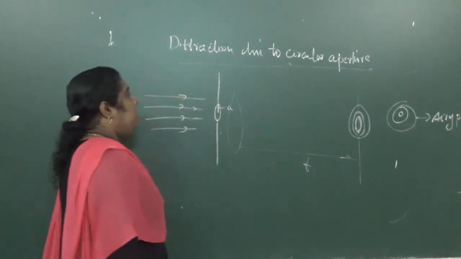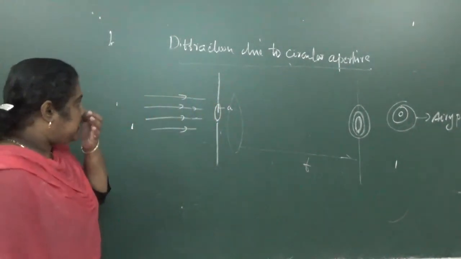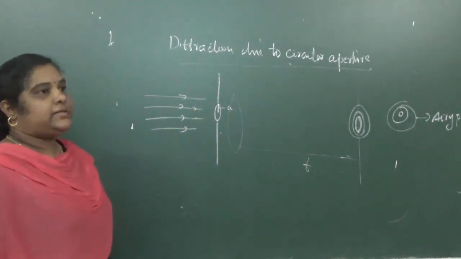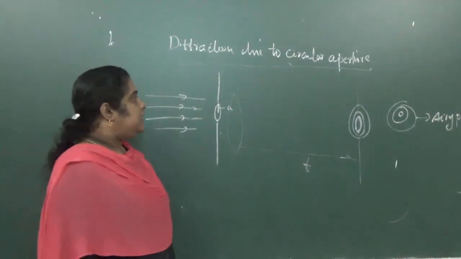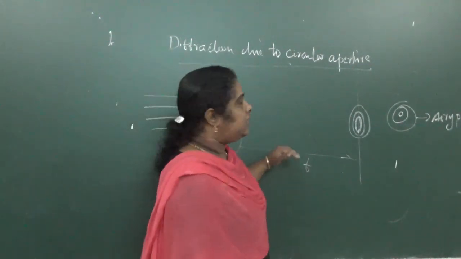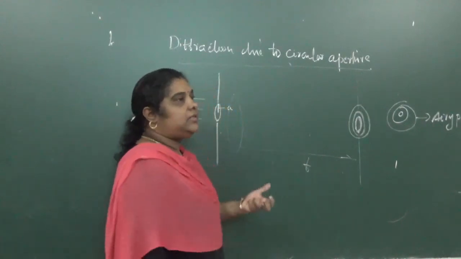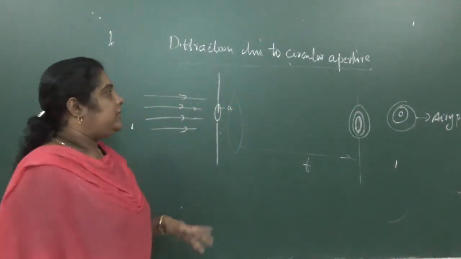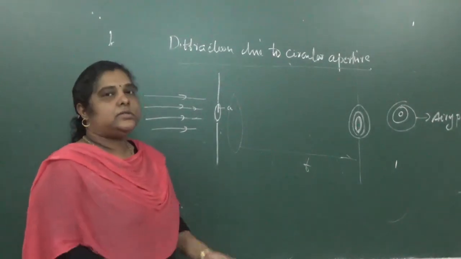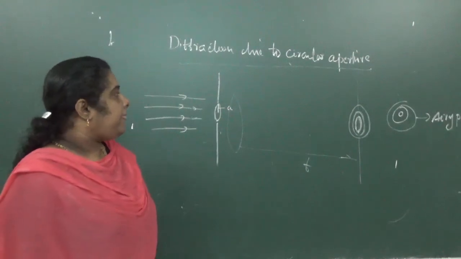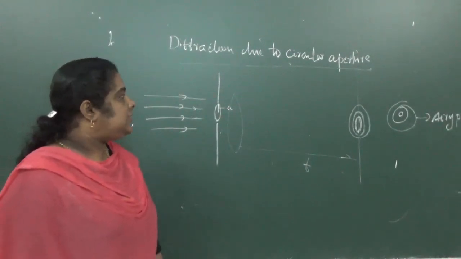Now, in this case the calculation of the intensity pattern on the screen is a little bit complicated. So you don't require any derivation of the intensity pattern here. I am just giving the result of this analysis.